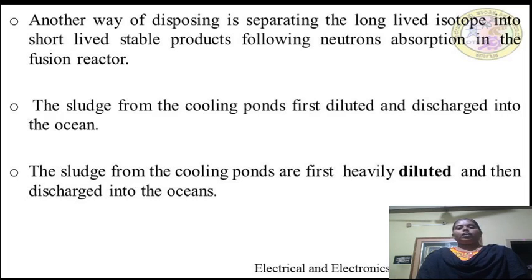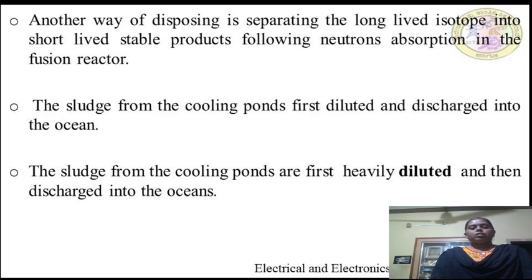So in the nuclear reactor itself, by absorbing the neutrons, the long-lived isotopes are converted into short-lived stable products so that the intensity of the isotopes is reduced. This is another method for disposal.